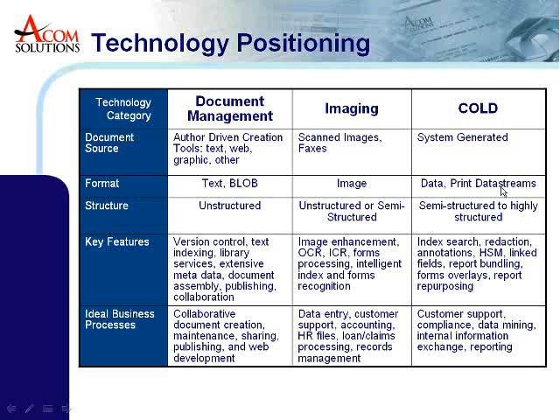And if that's the case, then you most likely are looking for a document management type system in the traditional sense. If you're looking to scan documents to support data entry or customer support to help accounting or loans or claims processing, then you're more interested in an imaging type technology. And again, if you're looking to capture forms or documents that you would normally print and distribute, then you're probably looking for a COLD type system.